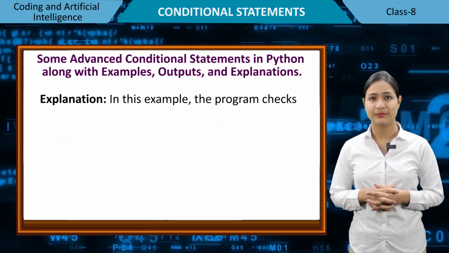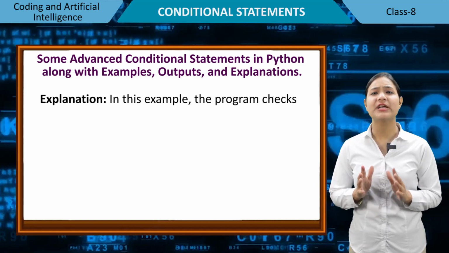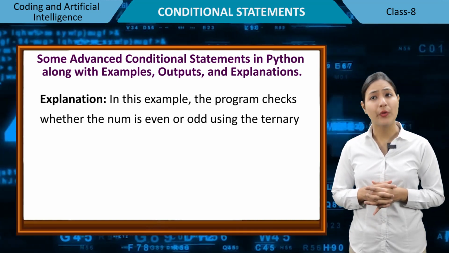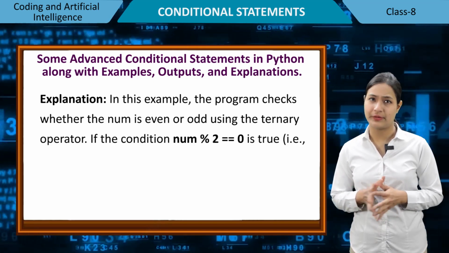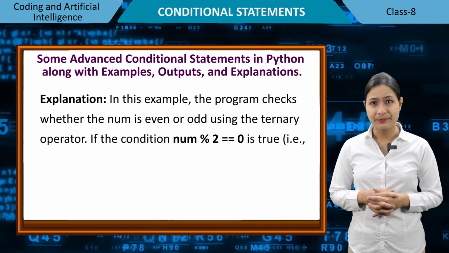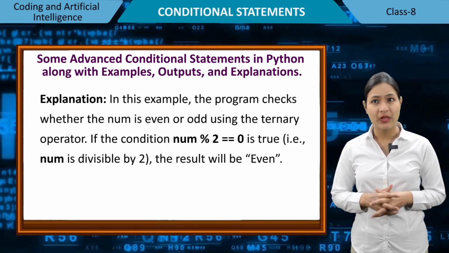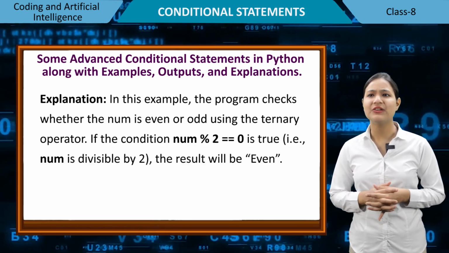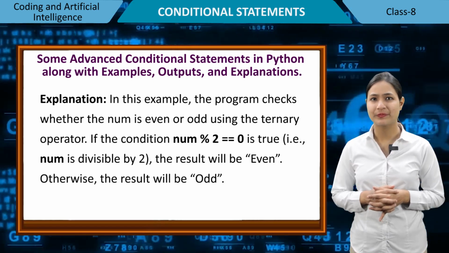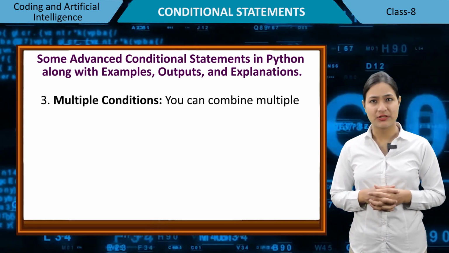Explanation. In this example, the program checks whether the num is even or odd using the ternary operator. If the condition is true, that is, num is divisible by 2, the result will be even, otherwise the result will be odd.